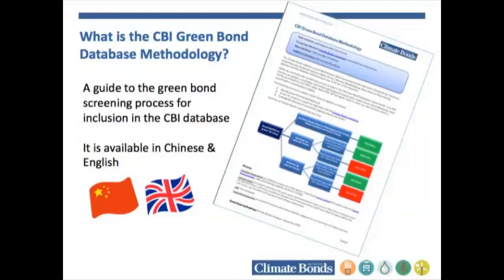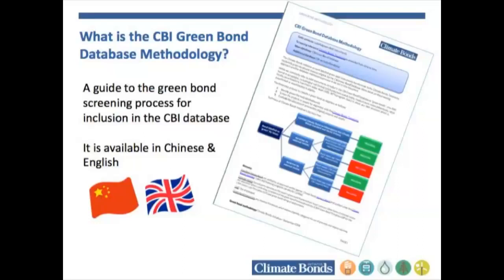Our criteria, that Katie was just talking about, are specifically aimed at identifying and verifying the assets and projects that are on a trajectory to full decarbonization by 2050 and limiting global warming to 2 degrees, ideally aiming at 1.5. That is an important part of the market, but the wider market is also making a significant contribution to this transition to a low carbon economy.